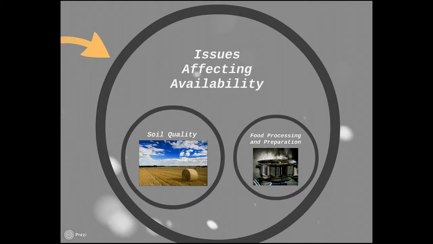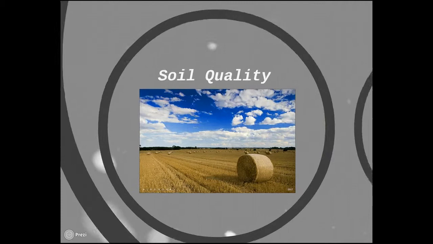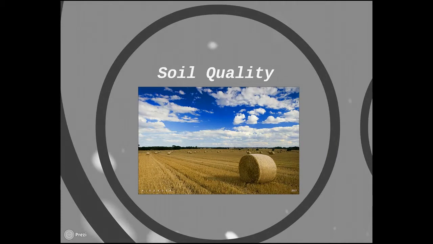There's another variety of factors that affect availability of the nutrient, before it even gets into the person's body. One of those factors is soil quality. I think it's easy to forget this. When you plug foods into a nutrient database to analyze how much of a particular mineral is being provided, that is assuming a standard amount based on soil conditions.